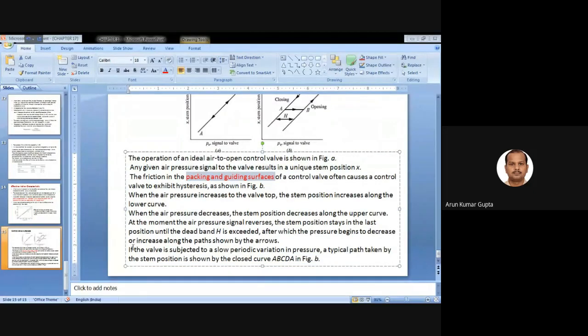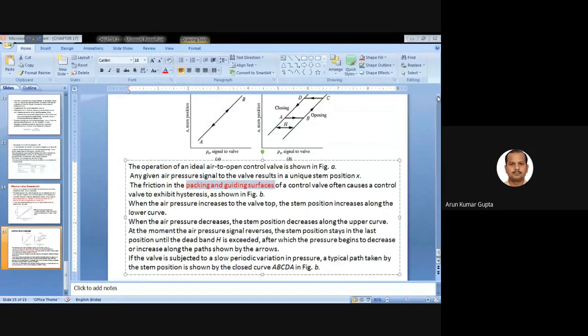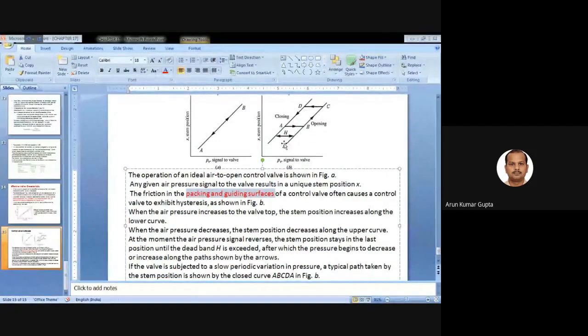So if the valve is subjected to slow periodic variations in pressure, the typical path taken by the stem position is shown by the closed ABCDEA path. This is the actual process when we apply the opening and the closing of the valve. But this phenomenon is also observed when we have vibrations in the valve.